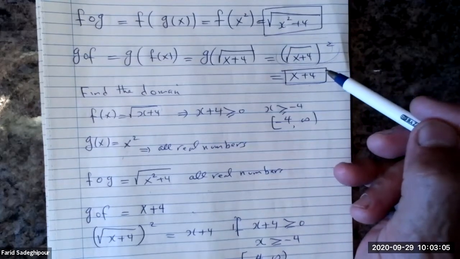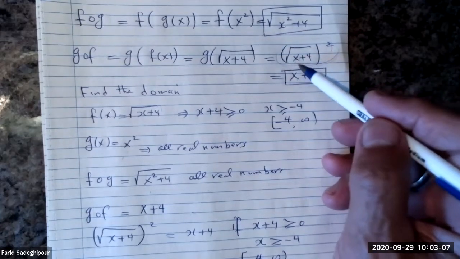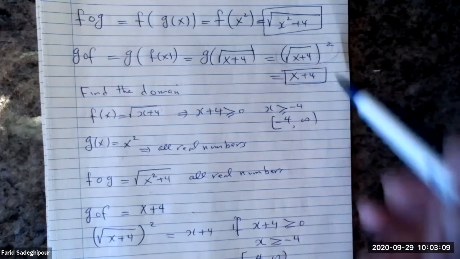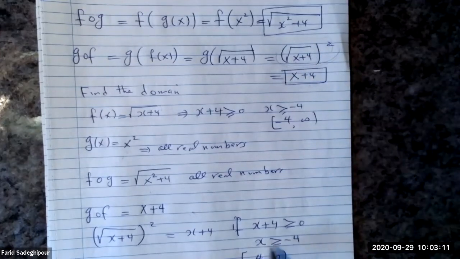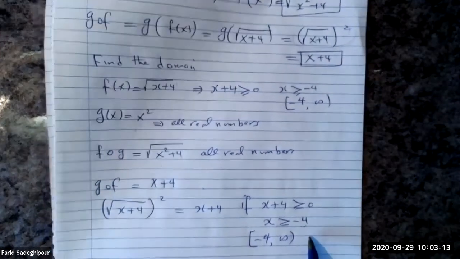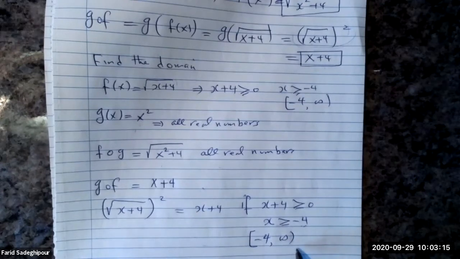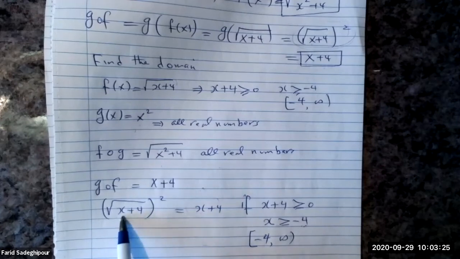Domain means it doesn't matter whether you put the number here or there, it has to work, but it doesn't work here unless that number is greater than -4. So x has to be greater than -4 in order to find the domain. Although the final answer is like this, when you substitute a number here or there, it should work in either one, but it doesn't work here unless that number is greater than -4.